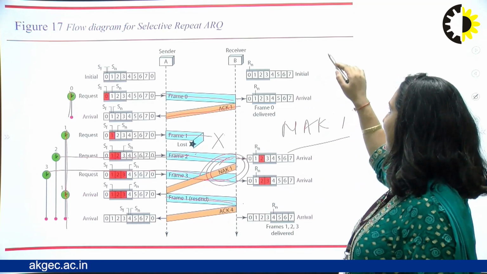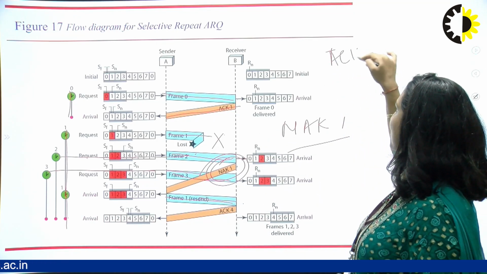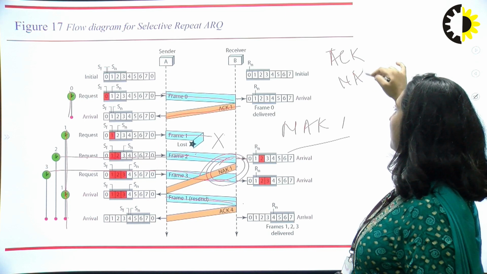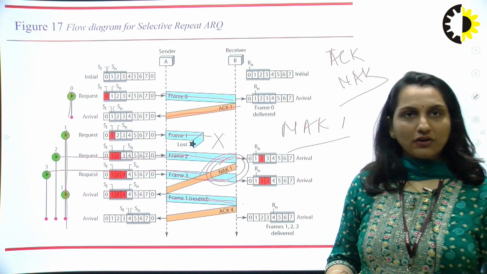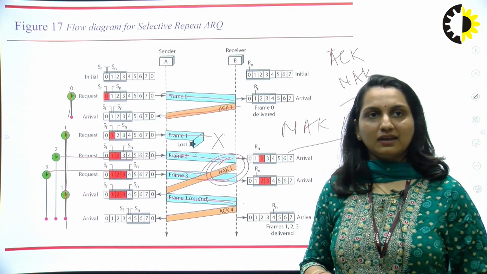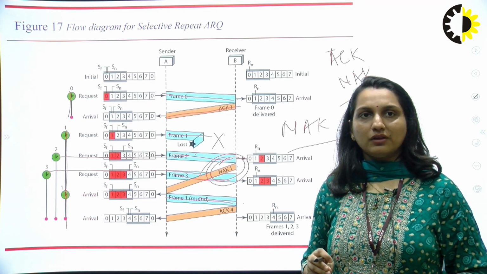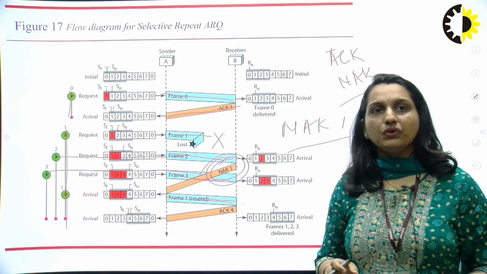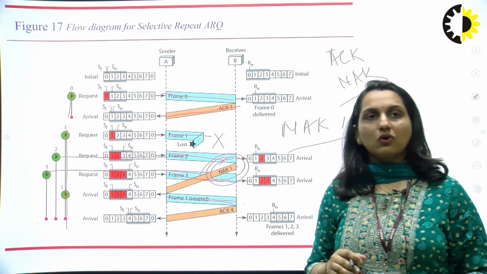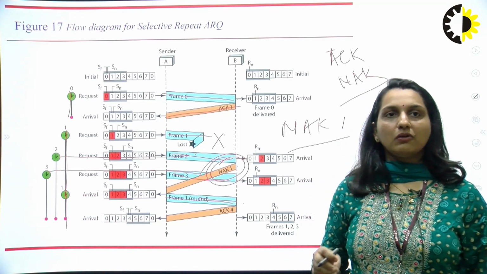So in selective repeat they get both positive and negative acknowledgement. If they do not receive the packet, they say so, and if they receive the packet, they get to know about it. So this is one of the efficient protocols used in noisy channels, the selective repeat ARQ.